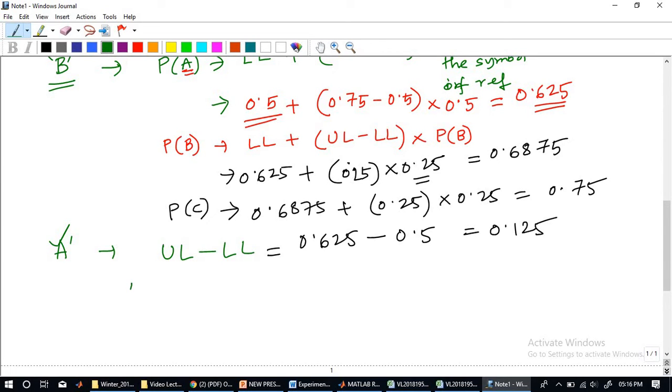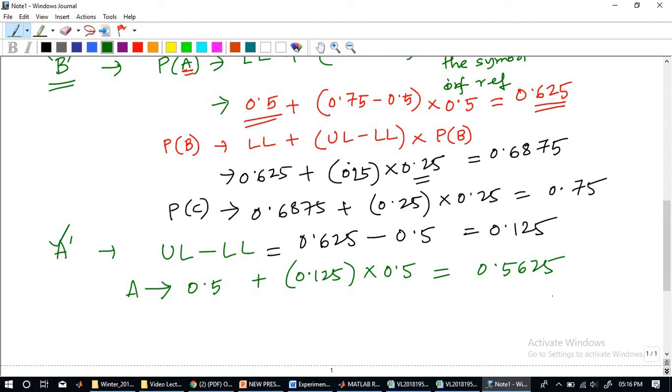I'll expect this for A. Maybe I'll write this way, A. So it is 0.5 plus 0.125 multiplied by 0.5, 0.5625.